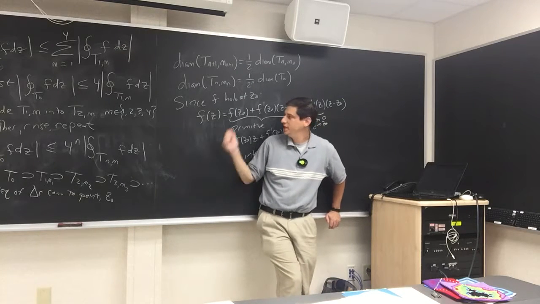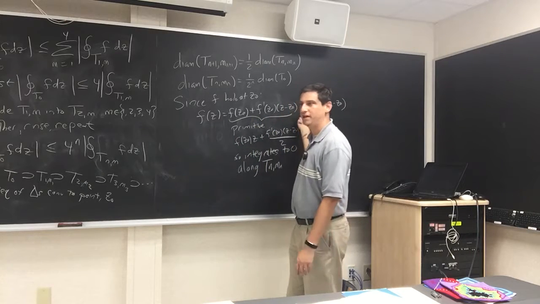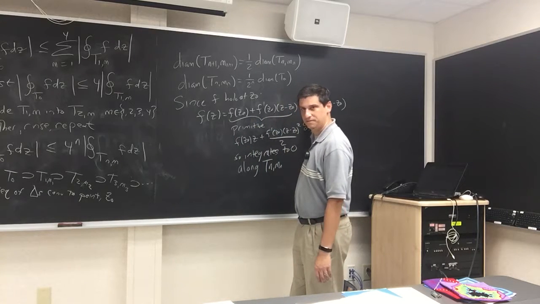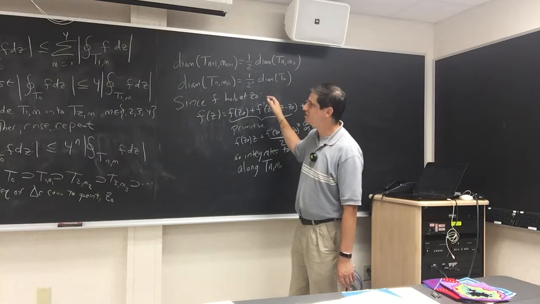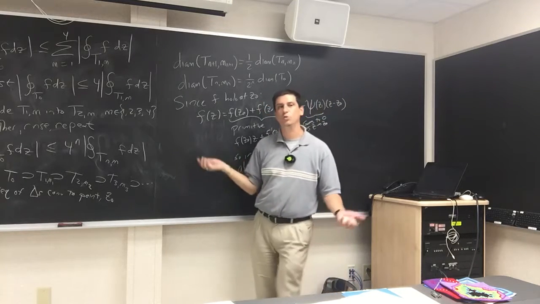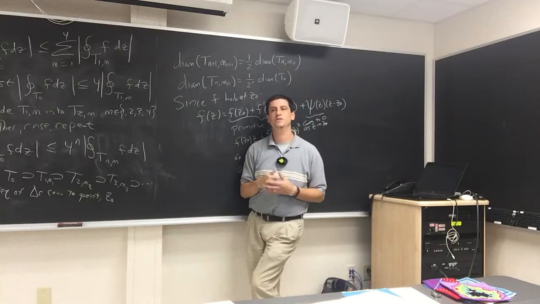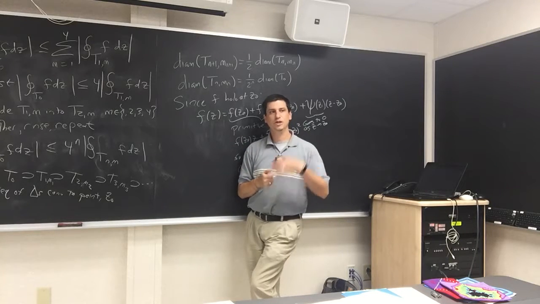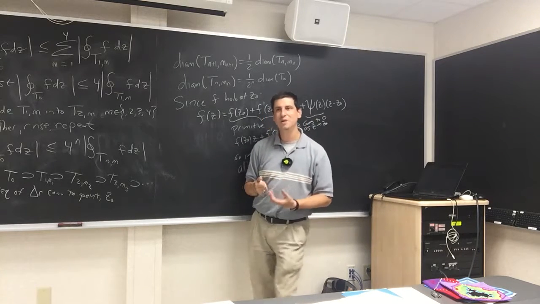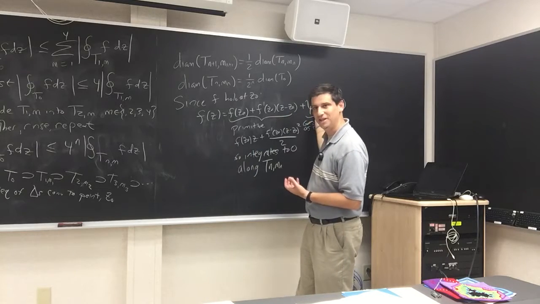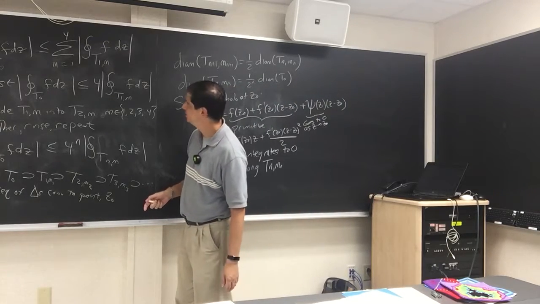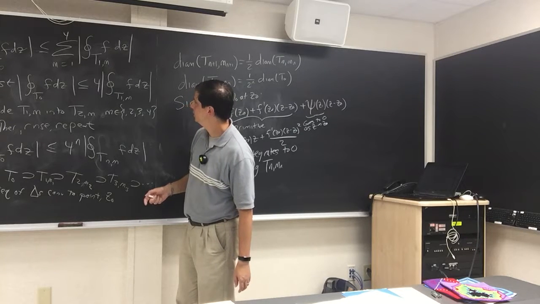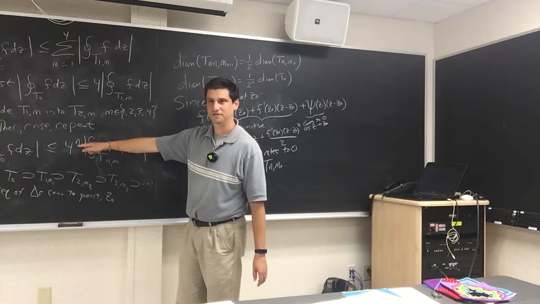And now when we integrate this, we'll have the size of this times the size of the perimeter. And the size of the perimeter is going to be like 1 over 2 to the n times the perimeter of the original triangle. So I'm going to have a 1 over 2 to the n from the perimeter, and a 1 over 2 to the n from the diameter. That's going to give me a 1 over 4 to the n, which is going to perfectly balance the 4 to the n over here.